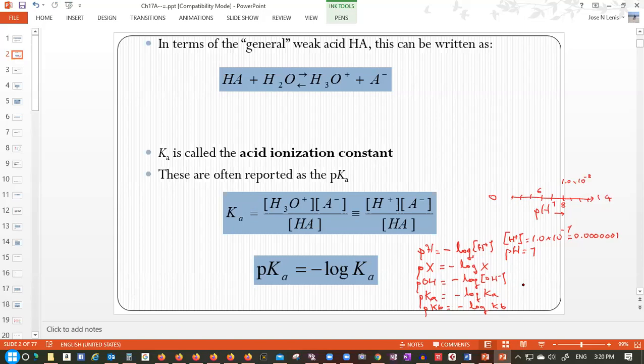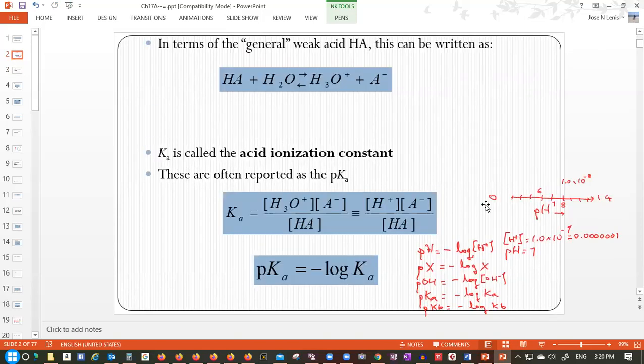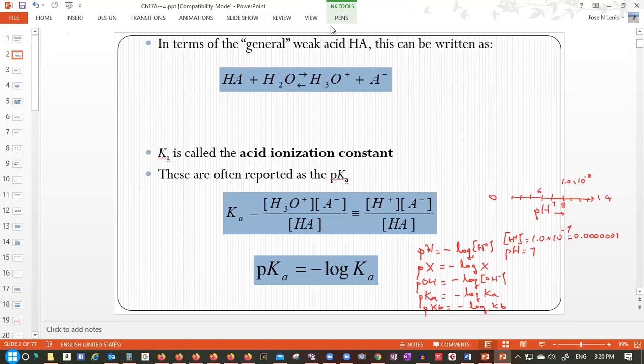Similar with the Kas. Like, for example, we are familiar, let me see if I have the next example. No, all right. I can give you one here. For example, if we're talking about the acetic acid, the equation will be like this.